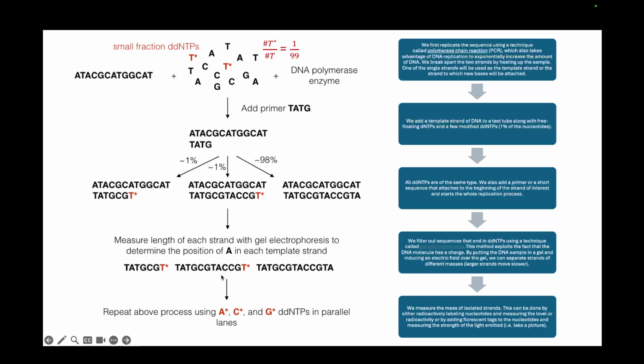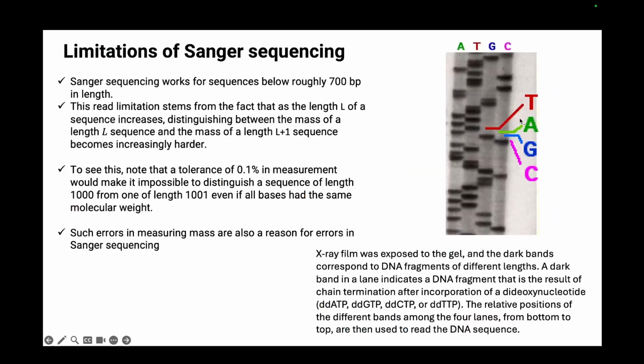So in Sanger sequencing, they run these strands on a gel electrophoresis plate, and they see how much the DNA travels. The greater the mass of the DNA, the smaller the distance it will travel. This is basically what a gel electrophoresis slide looks like.